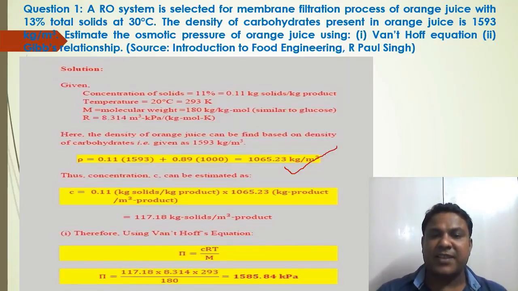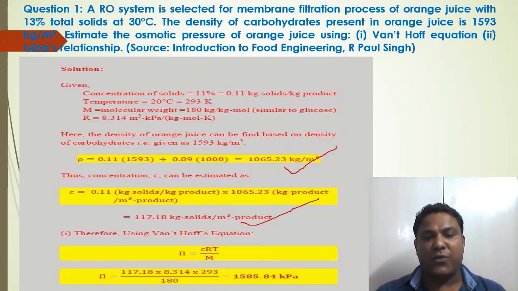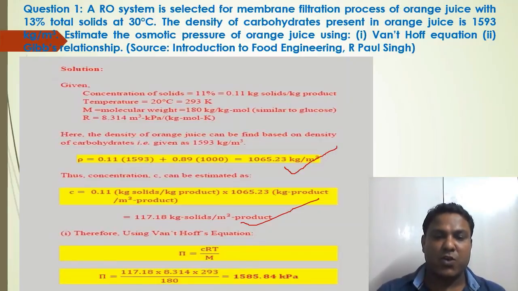Then the concentration can be estimated as C equal to 0.11 into 1065.23, which gives 117.18 kg solids per meter cube of product. Therefore, using the Van 't Hoff equation, pi equal to CRT upon M, and this gives, with all the values, pi equal to 1585.84 kilopascal.